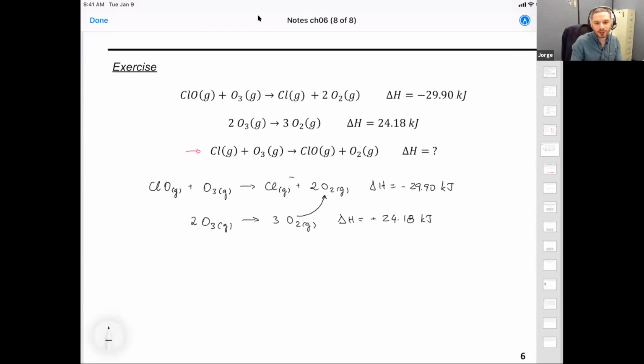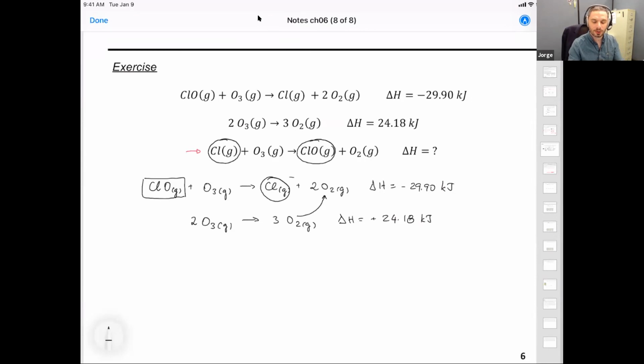So the first reaction is given to you flipped, because what we are looking for here is to produce chlorine monoxide, and chlorine monoxide shows up in the first reaction here as a reagent and not the product. Also, in the first reaction, we have Cl gas as a product, while the problem shows up Cl gas as a reagent. So that means the first reaction, we actually need to flip it.